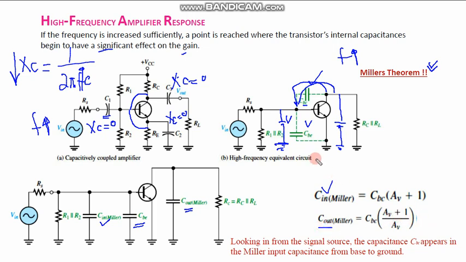So the equivalent circuit: R1, R2 and RS are in the same place, this capacitor is replaced by these two, one at the input and one at the output. CBE is the same. This is the equivalent high frequency circuit for the transistor.